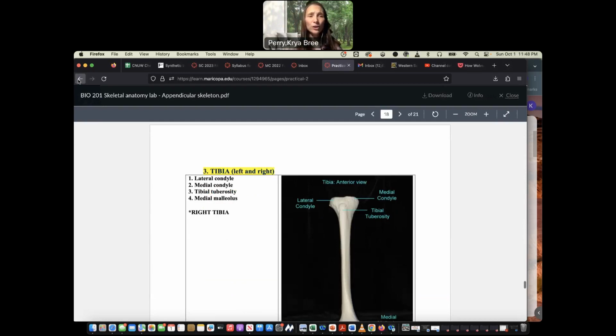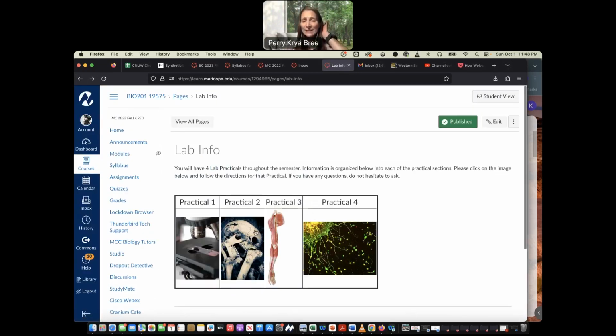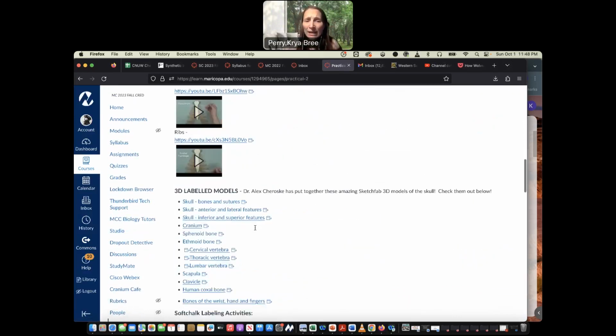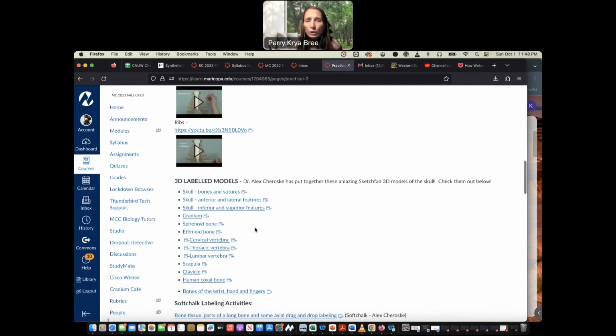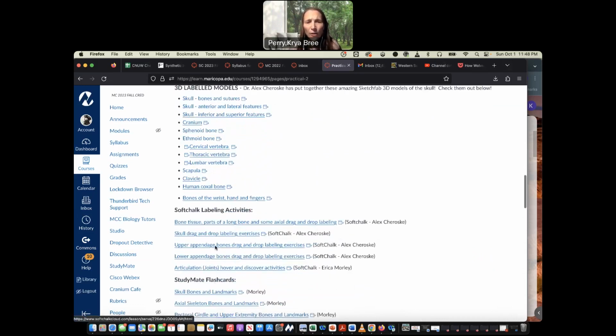And then just like always, there are all kinds of study tools for you on that lab page. So, you can do the 3D labeled models, although I don't think they have any of the lower appendicular, unfortunately, because they were still putting that all together.